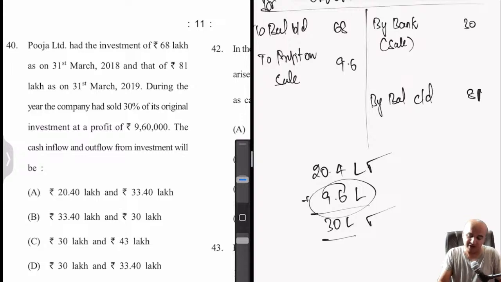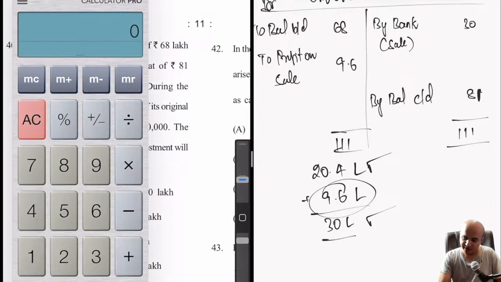So 9.6. That's all. So now we'll try to balance this. So 81 plus 30, 91, 101, 111. So 111 here too. So here from the 111 amount, I will deduct few things. Minus 68 minus 9.6, resulting in 33.4.